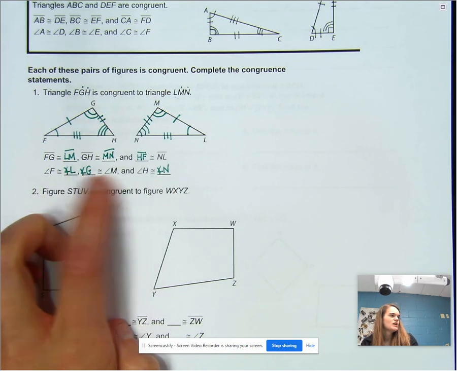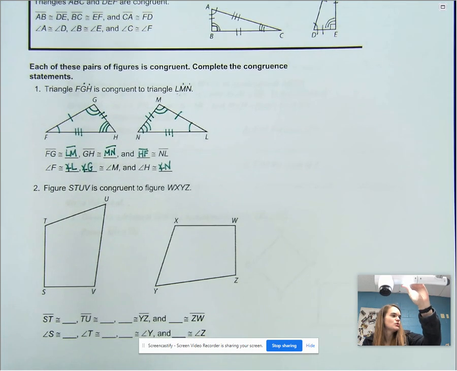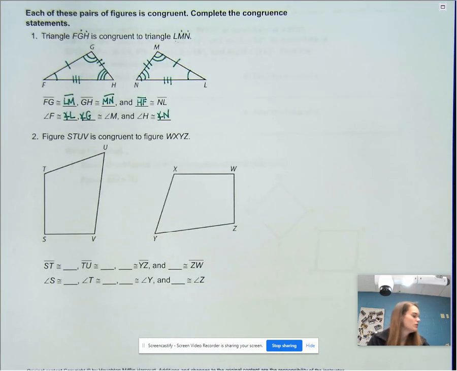I want you to not only complete them, but draw it into the actual figure. I want you to pause the video and try number 2 on your own. So go ahead and try number 2.